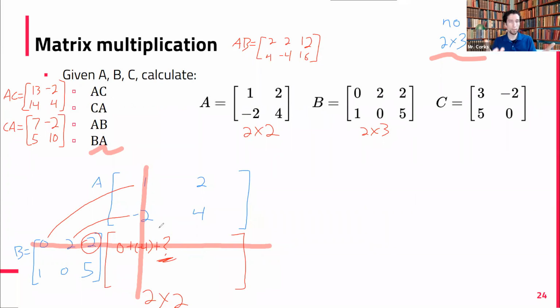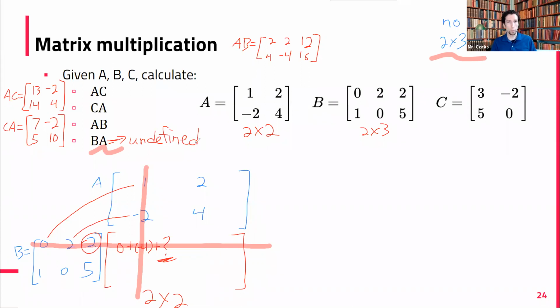There's nothing left to multiply it by. We're always matching these up one by one. We have a 2 here in B with no partner, with no matching position in A. So we stop. If it doesn't match up like that, matrix multiplication doesn't work. This is an undefined operation.